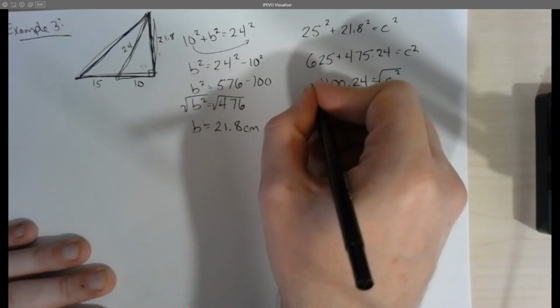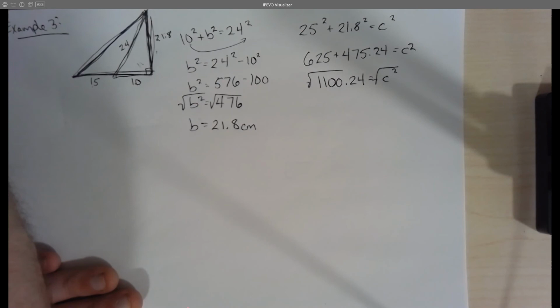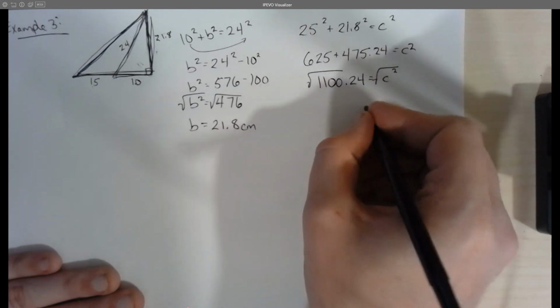All left to do is take the square root of that, and we have our answer. So the square root of 1,100.24 would give us about 33.2 for our side length.